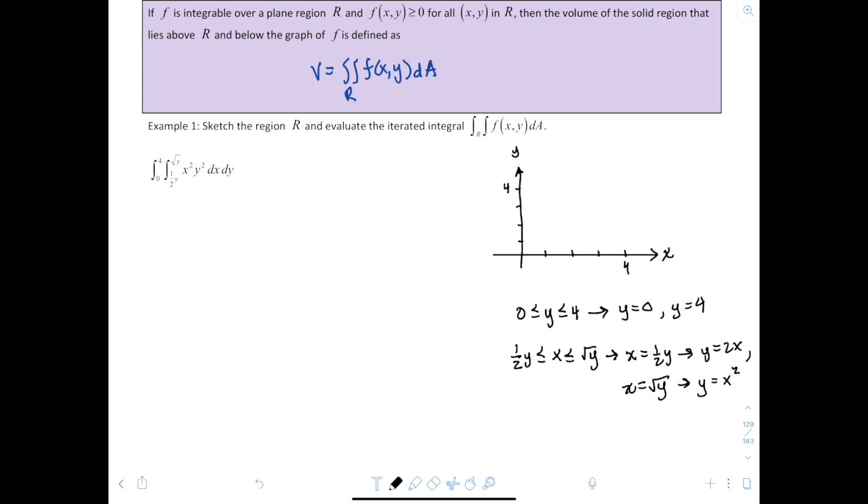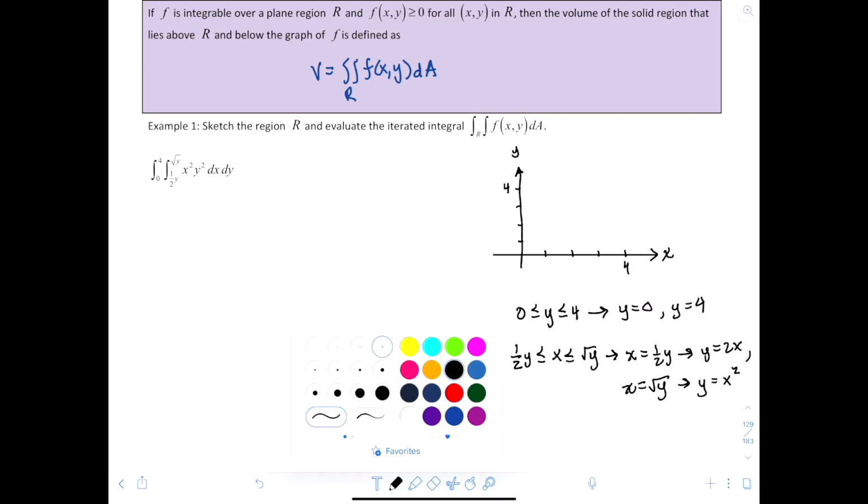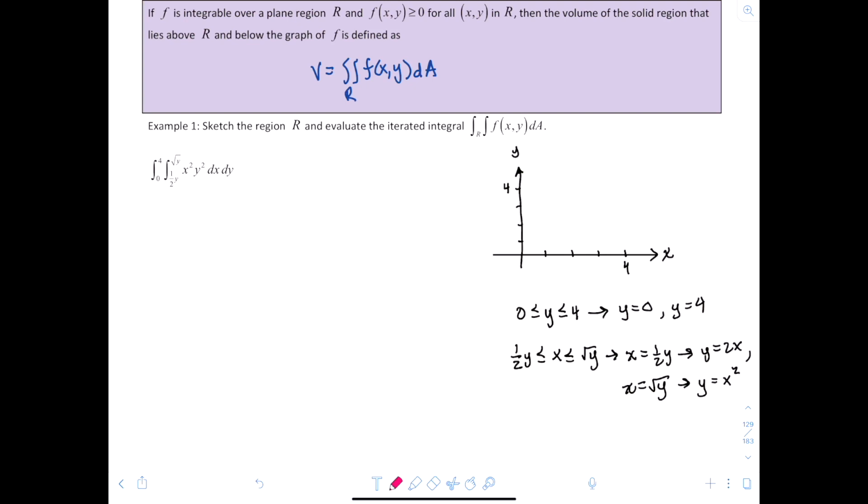But remember that y is bounded between 0 and 4, so you're going to have an ordered pair at 0, 0. When y is 4, x would be 2. And when y is 1, x would be 1, and that is that second bound. That's this one.